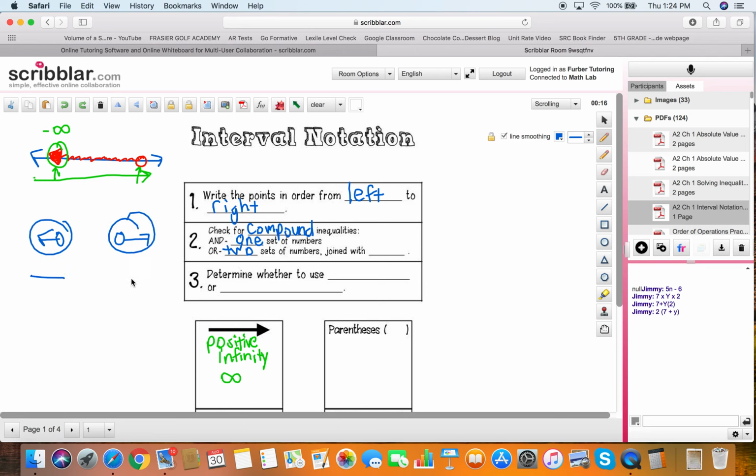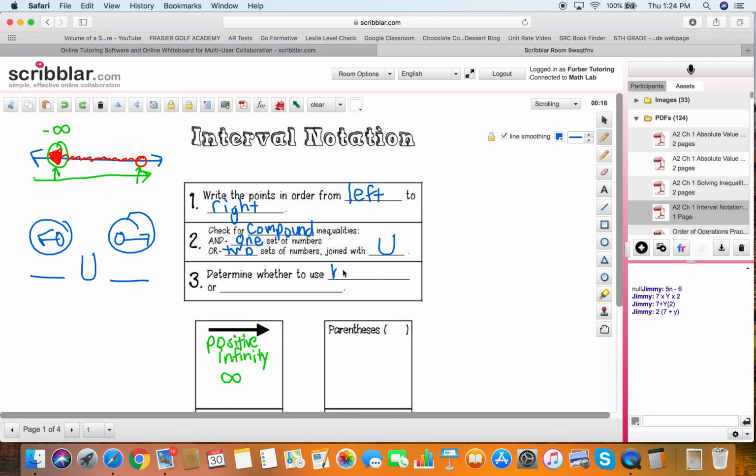So you're going to have points for this one and points for this one, and we're going to join them with this strange looking U. That is in set notation. That represents or in set notation. And so that's going to be written there in between the two sets of points that you're going to find. So it's important that you know if you have a compound inequality.